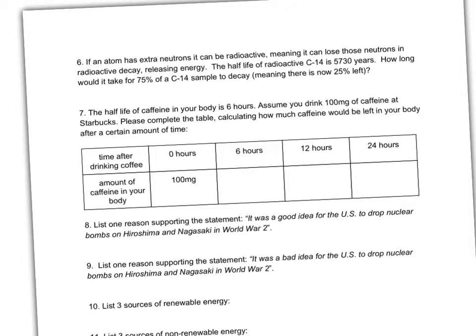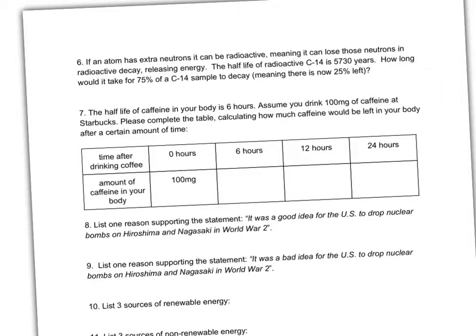Okay, here's part 2 of our practice tests and solutions. Question 6 says, if an atom has extra neutrons, it can be radioactive, meaning it can lose those neutrons in radioactive decay, releasing energy. The half-life of radioactive carbon-14 is 5,730 years.